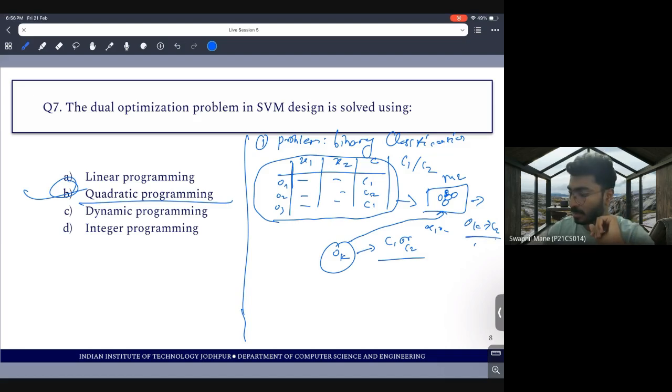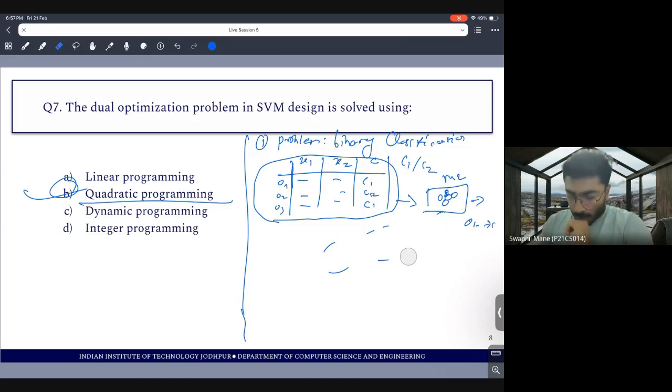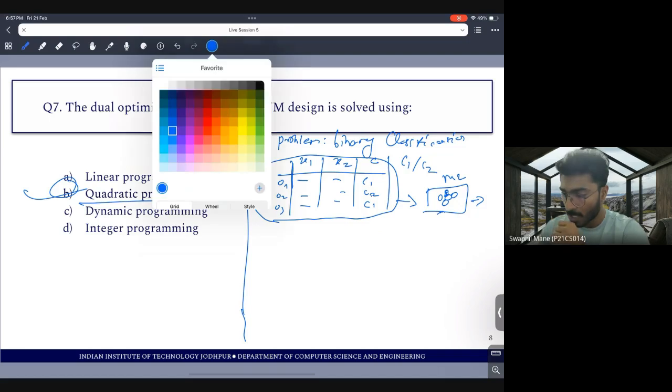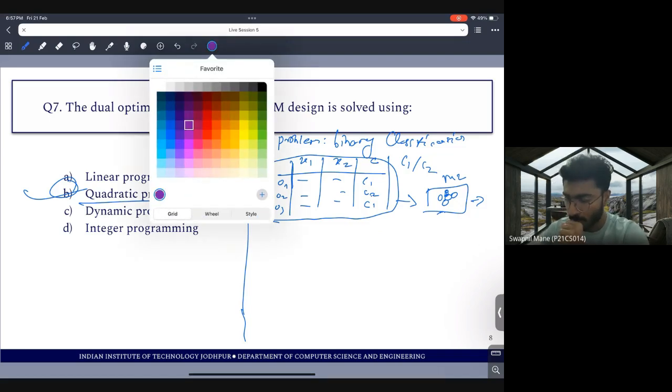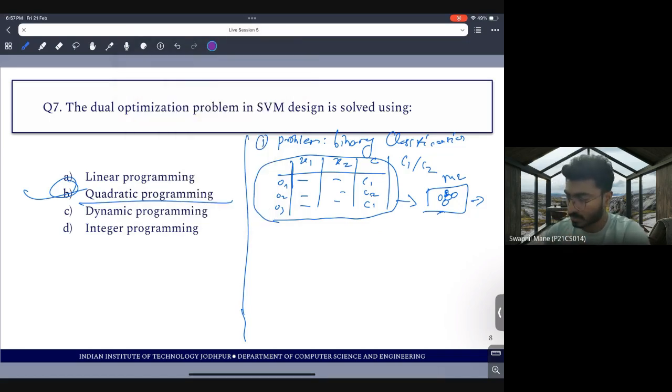Okay. So we'll see the inside of this ML model. Here we have two features, x1 and x2.